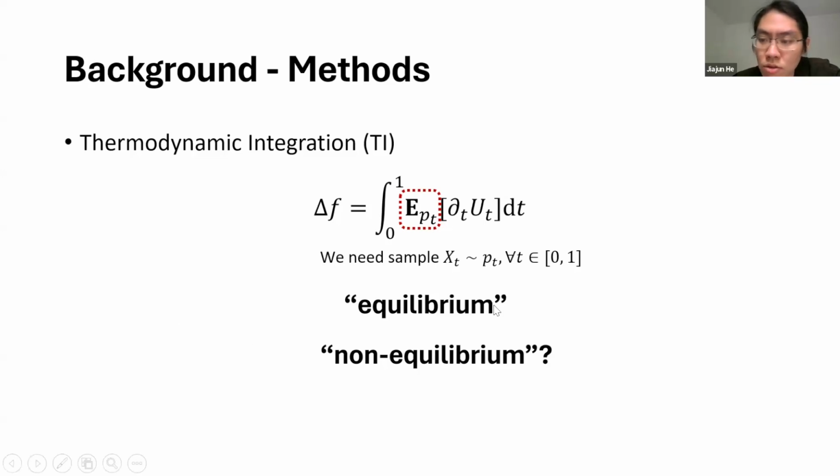And on the whole trajectory from 0 to 1, the samples need to follow the energy you define. The point is that at each intermediate distribution, we have samples that are equilibrated. Yes, you need samples exactly following this distribution.